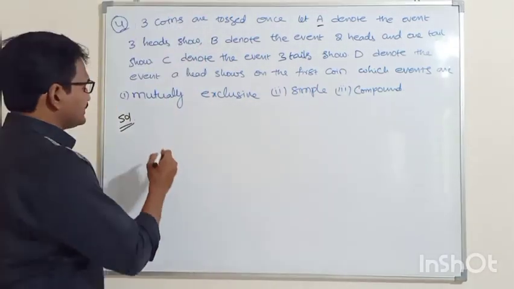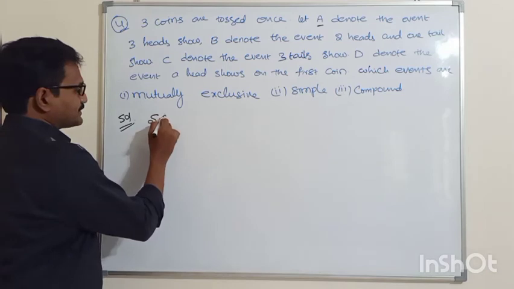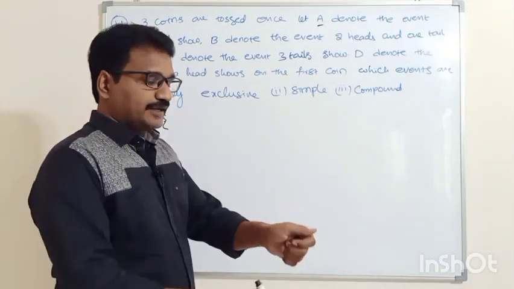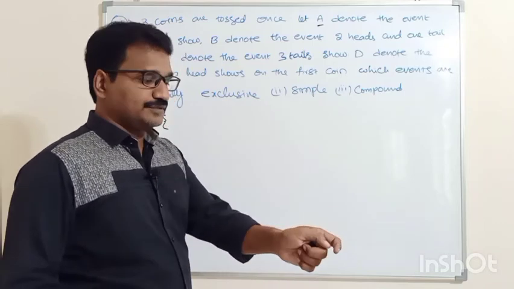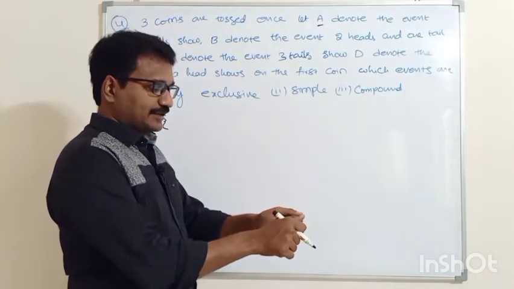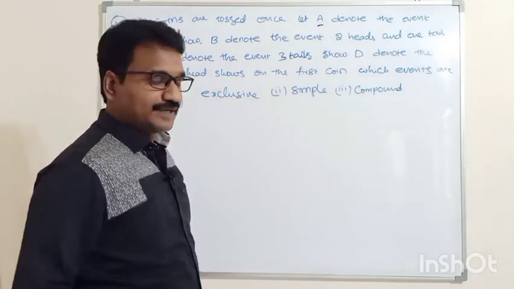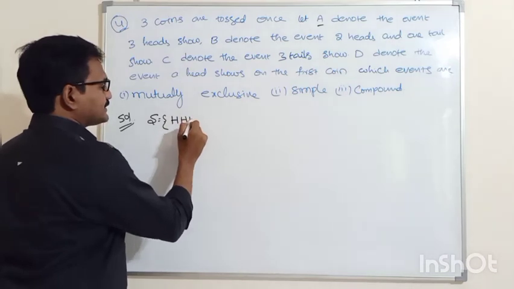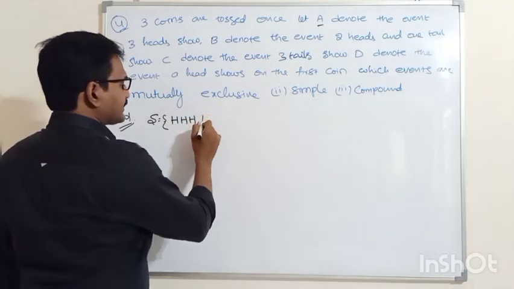So when 3 coins are tossed, what is the sample space? Coin 1, coin 2, coin 3. The first coin may show head, the second coin also may show head, the third coin may also show head. That means HHH, one chance is there.